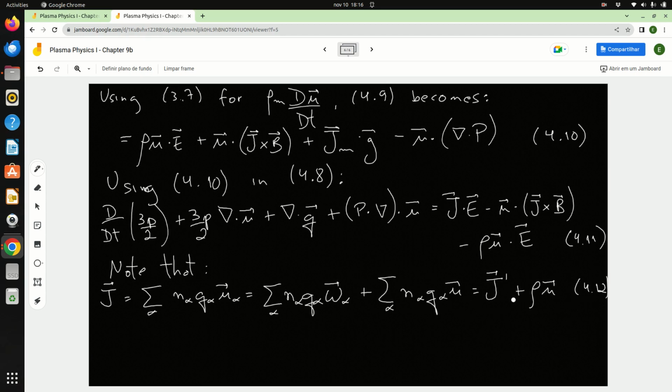Okay, so this is rho, the density, and this will be called J prime.